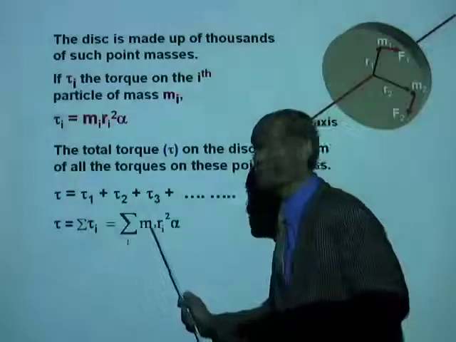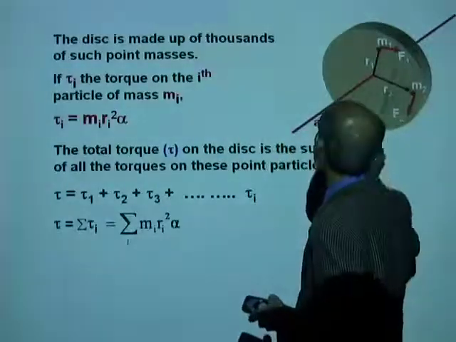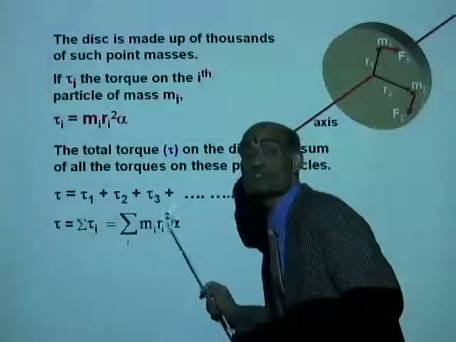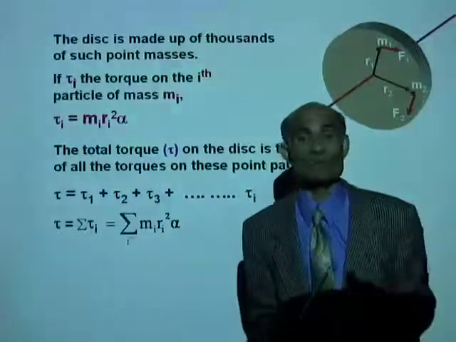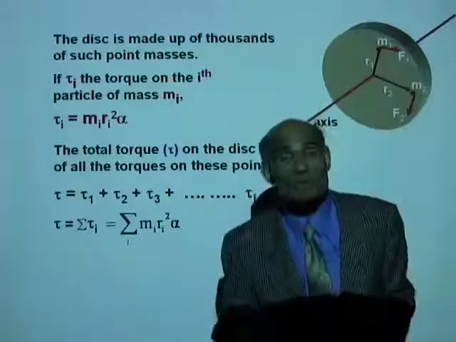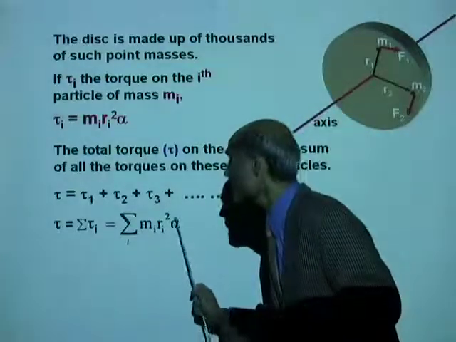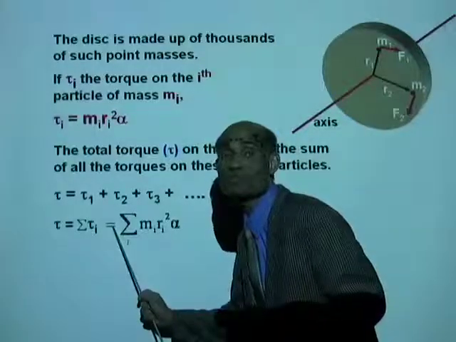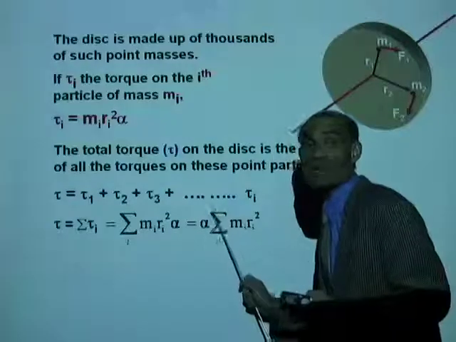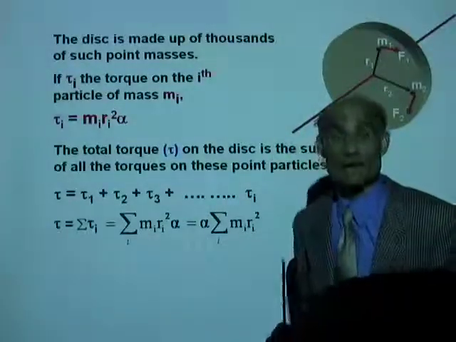Now, m and r are different for different particles, but alpha is the same for all particles. The angular acceleration will not be different. Therefore, I can take this alpha and keep it outside the summation. So I can write it as alpha times summation i mi ri squared.